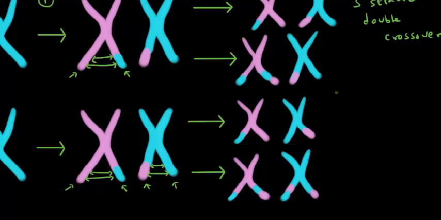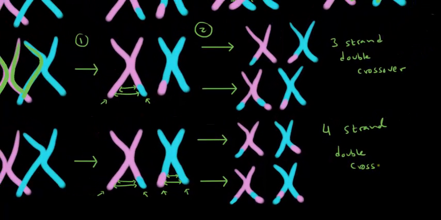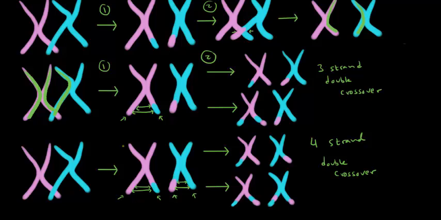And what we just described, well, this is called a 4-strand double crossover. So in this case, we involved all 4 strands. This strand, sorry about that, this strand, and this strand, and this one, and this one. And again, it was a double crossover because crossing over happened twice.